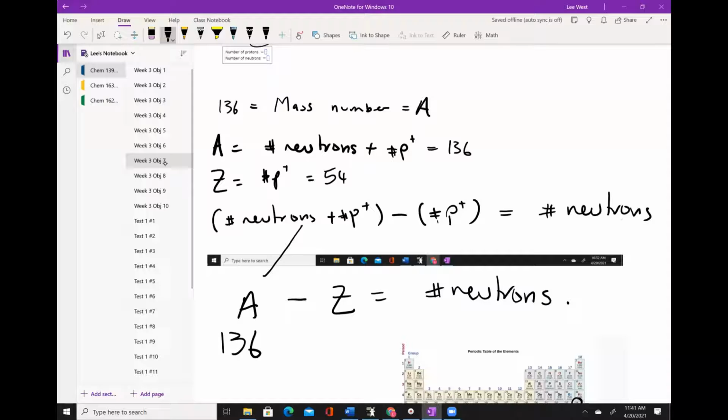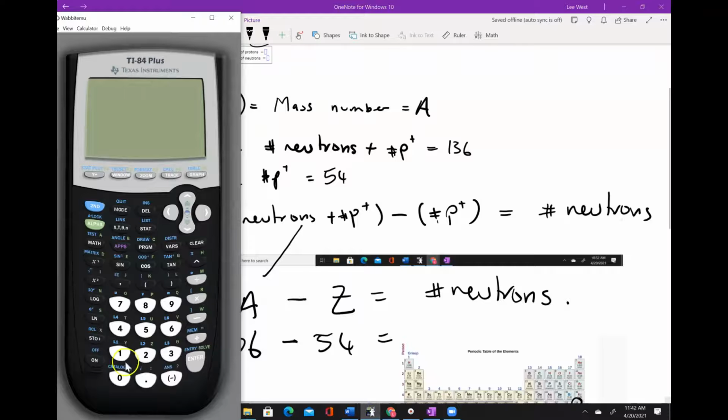So 136 minus 54 is going to give me my number of neutrons. 136 minus 54 equals 82. Okay, 82 it is.